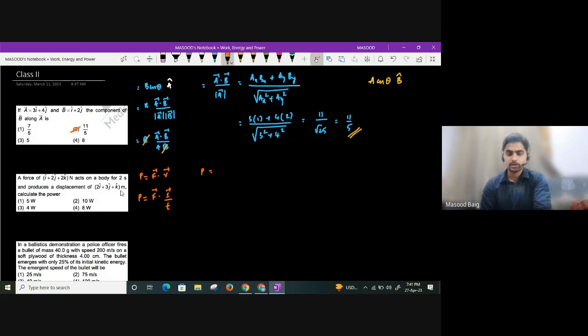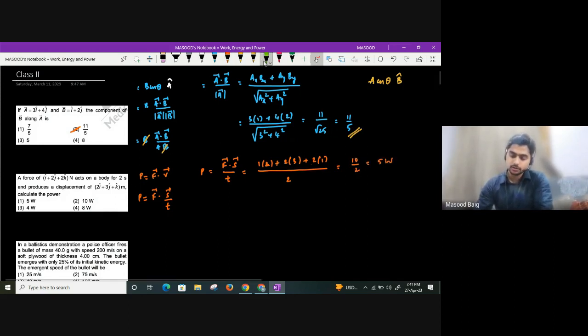If I do f bar dot s bar divided by t, f bar dot s bar will be 1 into 2 plus 2 into 3 plus 2 into 1 divided by the time, 2 seconds they have given. So 2 plus 6 will be 8. You will get it as 10 divided by 2. How much will be the power here? 5 watt would be the power.